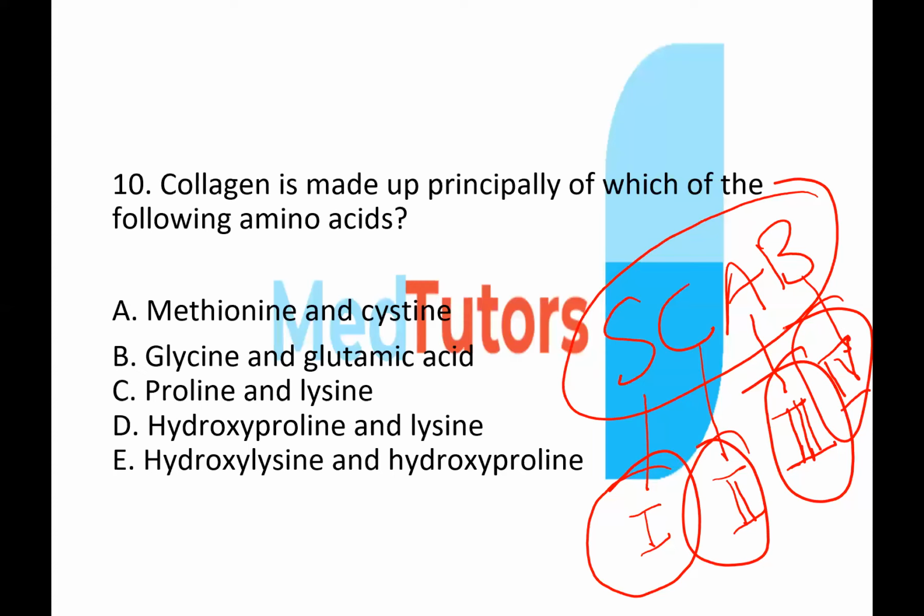So, our question: collagen is made principally of which of the following amino acids? I've already told you the answer. So your option here is E.